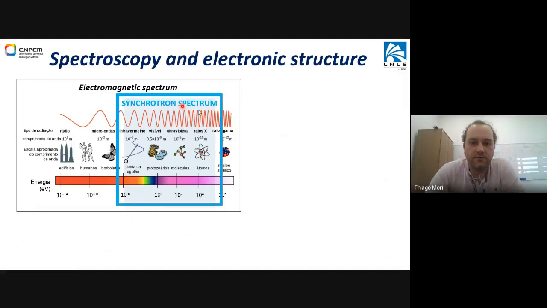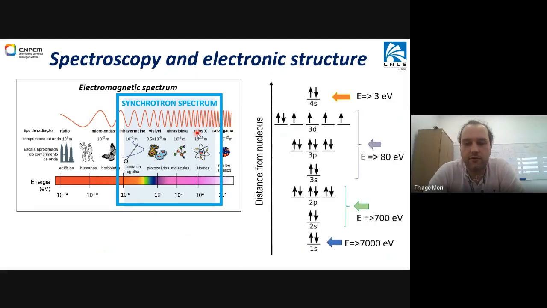And in the synchrotron, we have a very broad spectrum. Then we can have infrared radiation, visible light, ultraviolet, and X-rays. Now I'll concentrate on the X-rays, because the X-rays, as I mentioned before, interact with electrons.